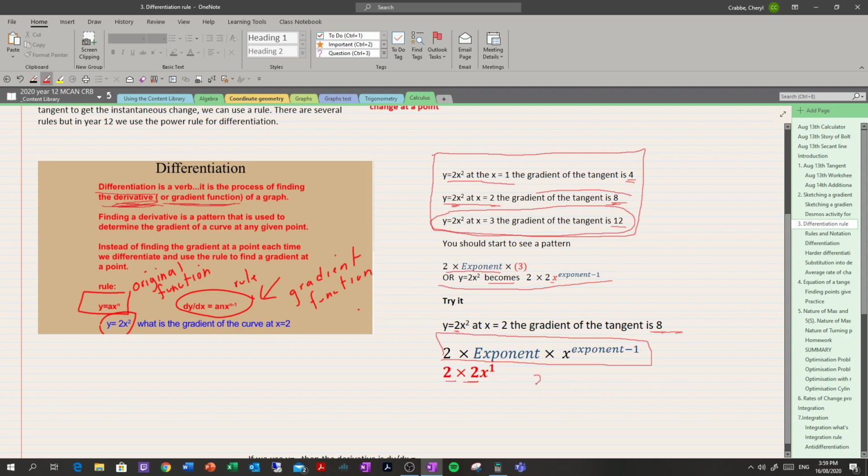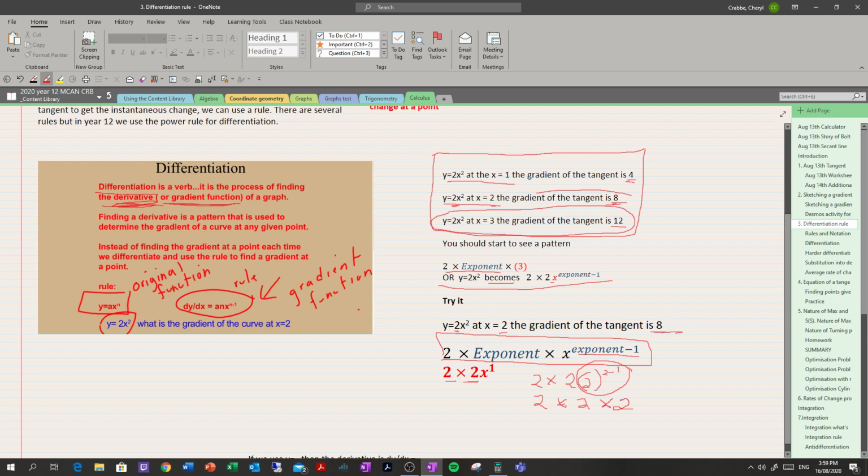So in essence, we're going 2 times the exponent, and then x, whatever x is, if x is 2, but with 1 less than the exponent. So the exponent is 2, then it's 2 minus 1. So we're going 2 times 2 times 2 to the exponent 2 minus 1, which is just 2.